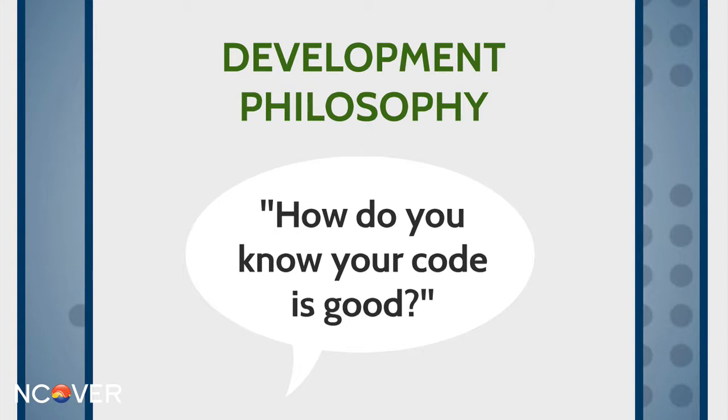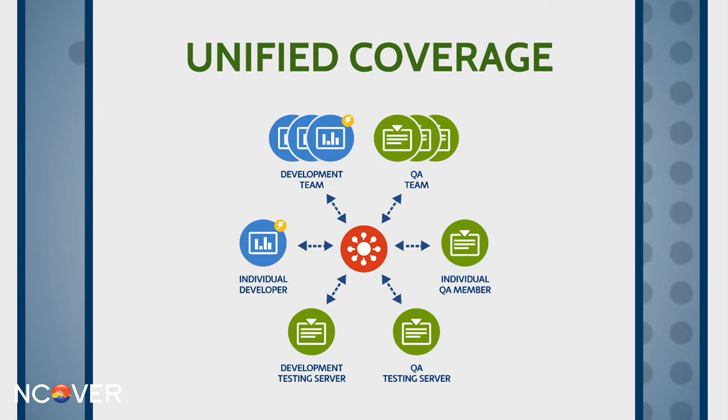So if you believe that quality is important, how do you bring everyone on your team together with that goal? This is where unified coverage comes in and becomes very important. It's great to measure individual effort, but ultimately it's about the team's ability to work together to deliver measurable success.